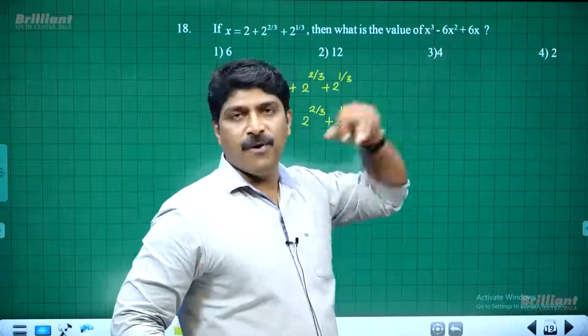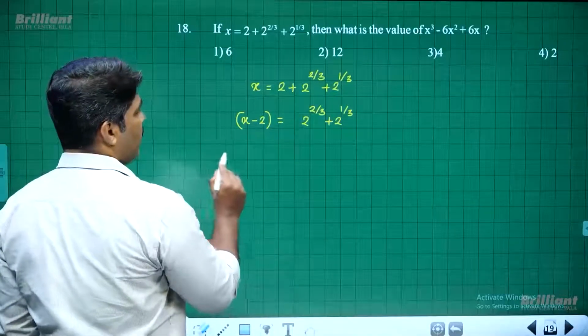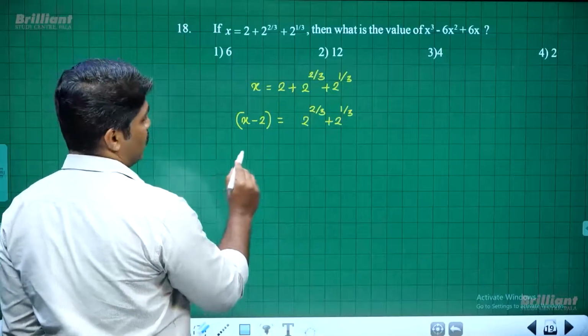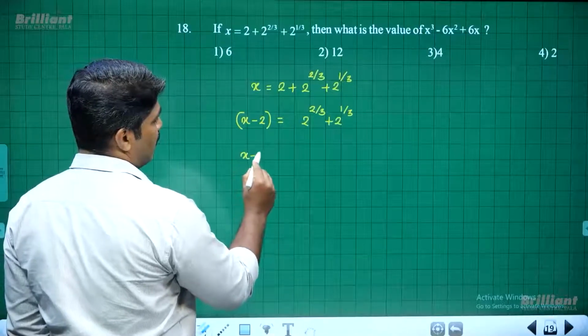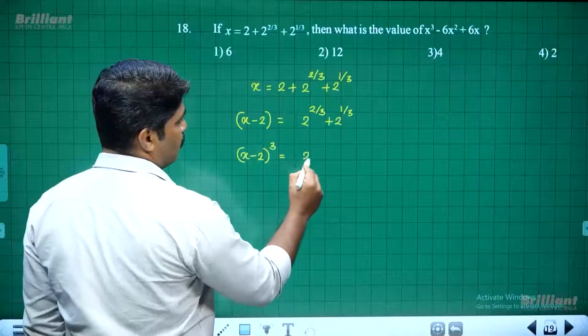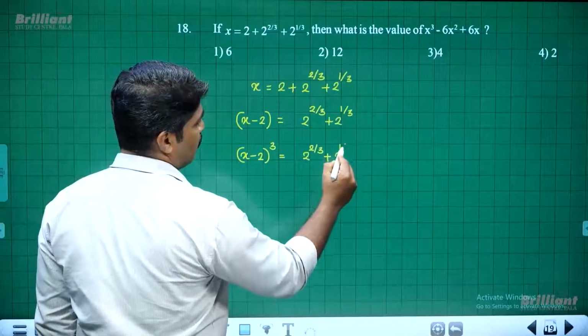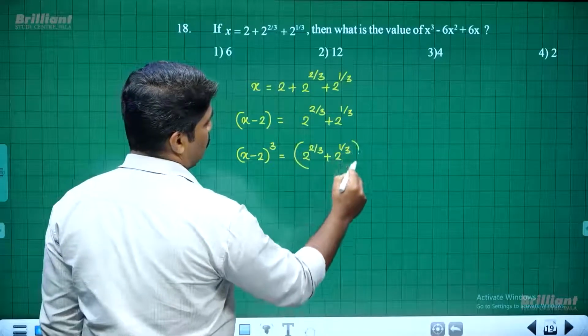That is in the cube form. Therefore, take the cube on both the sides. So therefore, this is x minus 2, the whole cube, is equal to 2 raised to 2/3 plus 2 raised to 1/3, the whole cube.